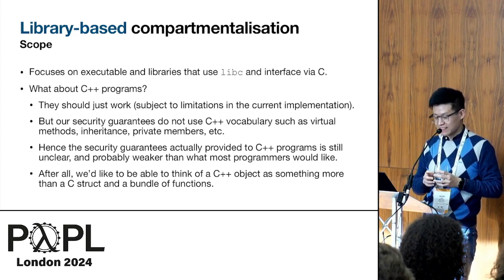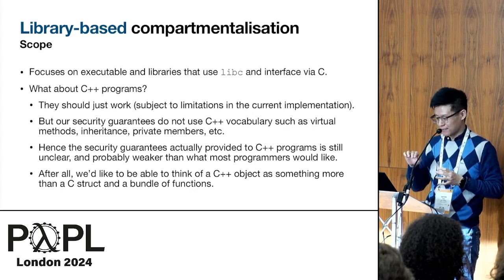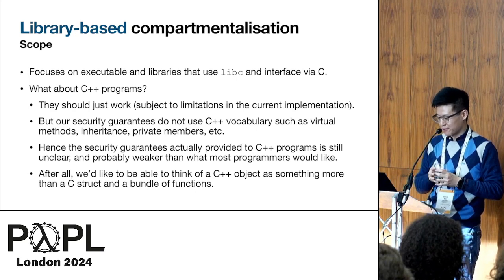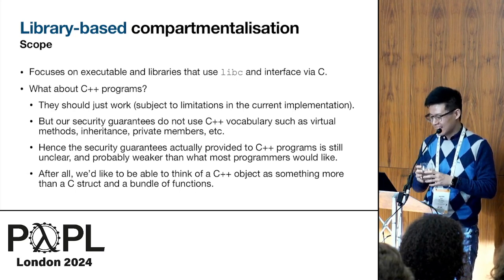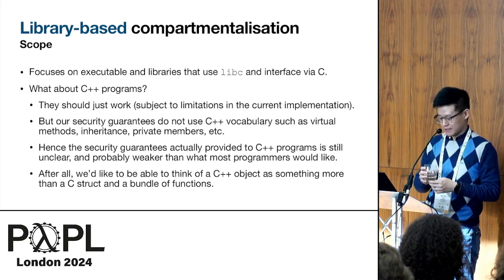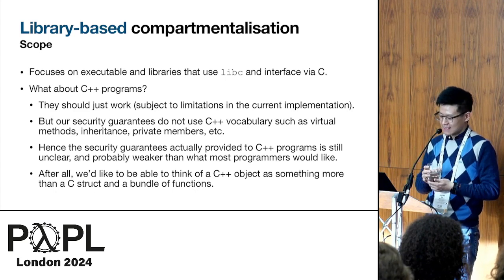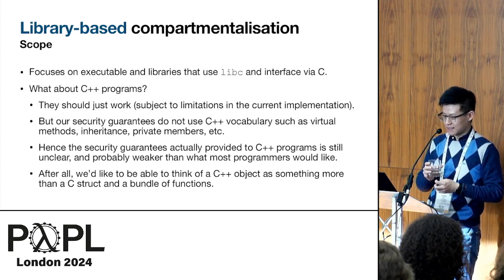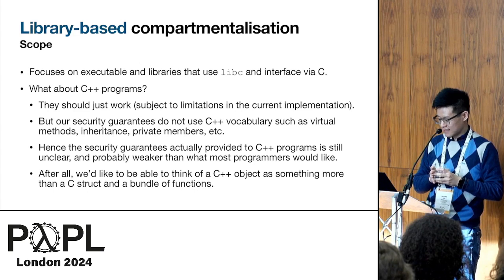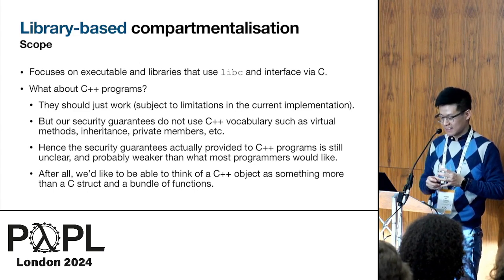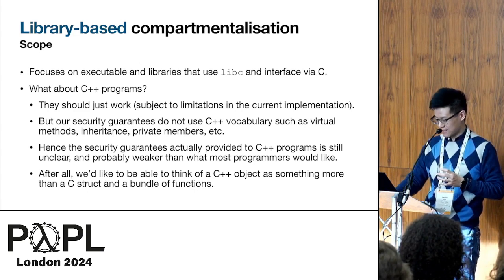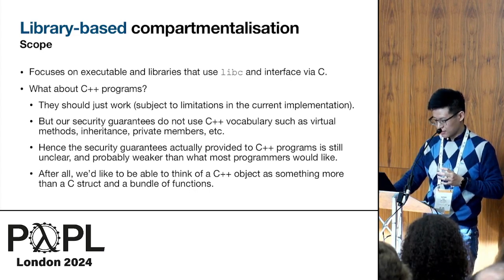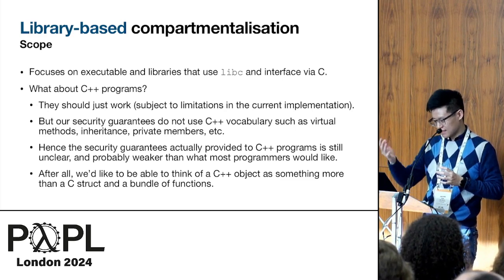Now, if you just think of a C++ program as some kind of C program with lots of syntactic sugar, then you can sort of give a security model, but I think most programmers will have stronger ideas about the concepts in C++. So it's currently not supported; it's future work.